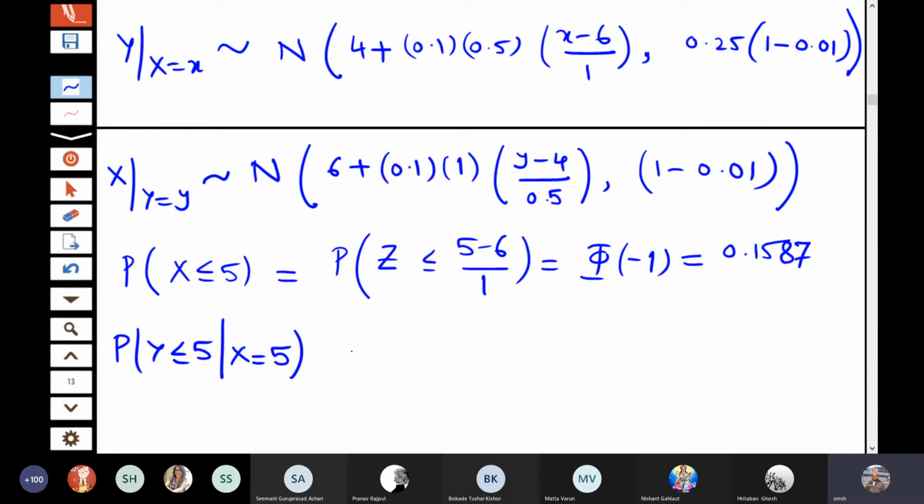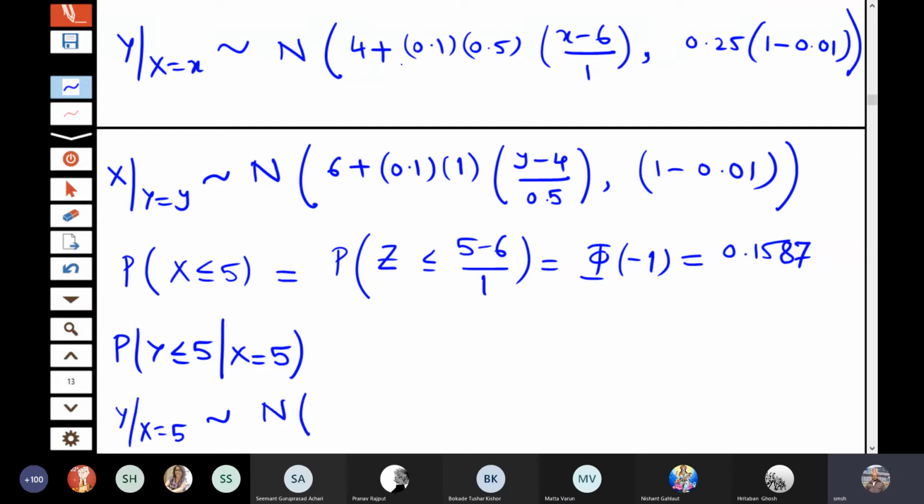Then where will I calculate this from? I will calculate it from the conditional distribution of y given x. Here I will put small x equal to 5.